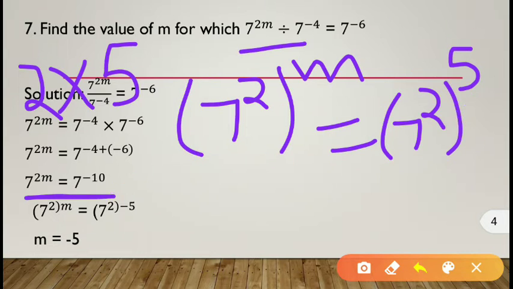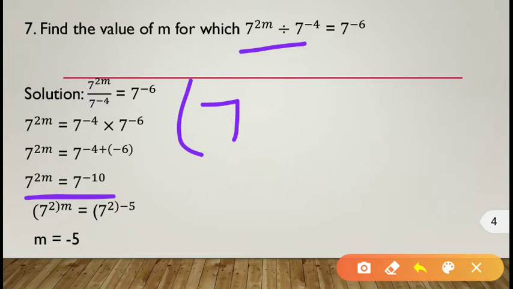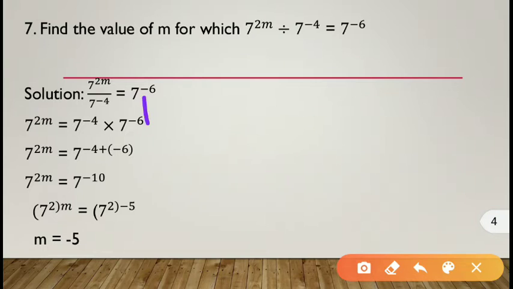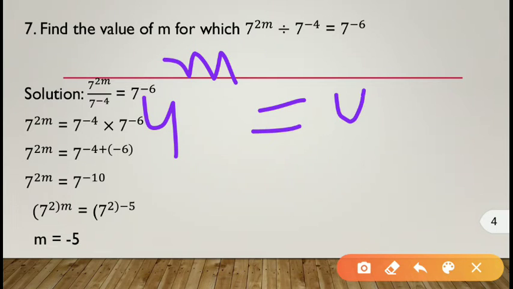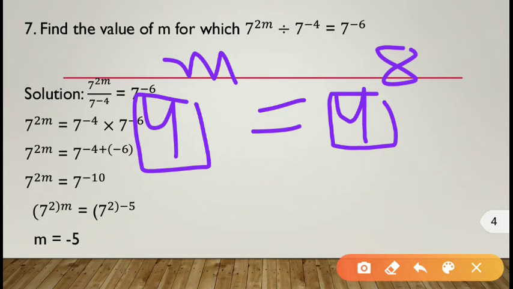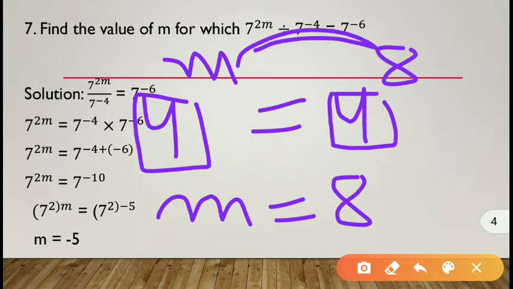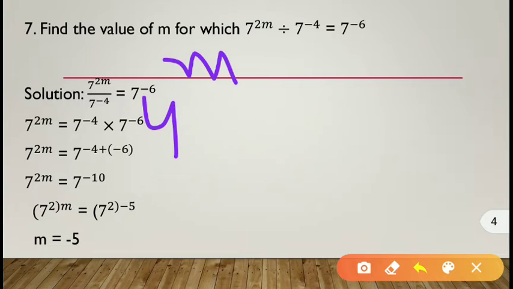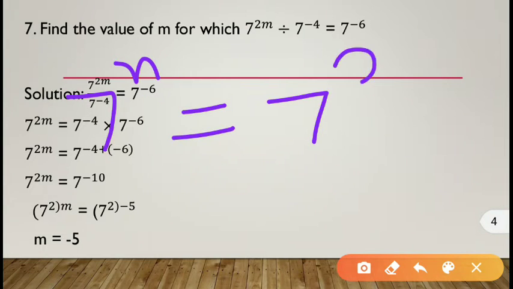Let's take an example. Suppose it is written like this, 4 to the power m and 4 to the power 8. Here the bases are same, so we can equate the powers. Means m is equal to 8. Suppose one more example. Suppose 7 to the power n is written and 7 to the power 2 is written.